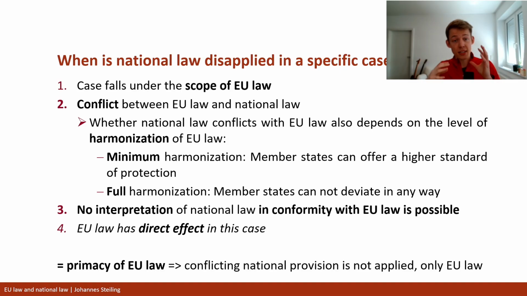And if we can't interpret in accordance with EU law, because it would be contra legem, and the EU provision actually has direct effect in this case, then we disapply national law and we apply EU law. And we directly, for example, invoke the regulation or maybe the directive or maybe the treaty provision that gives us a certain claim, for example, or gives us a certain right.